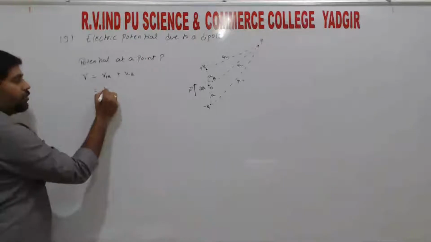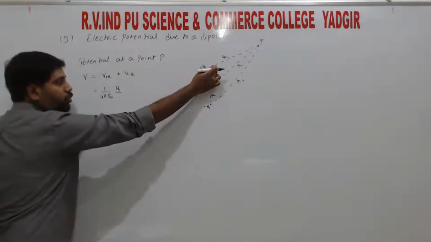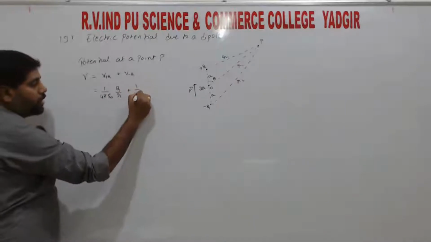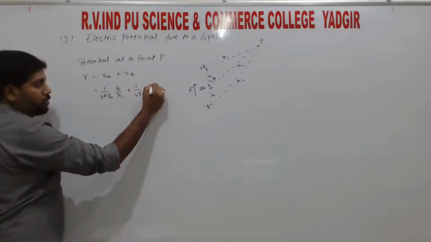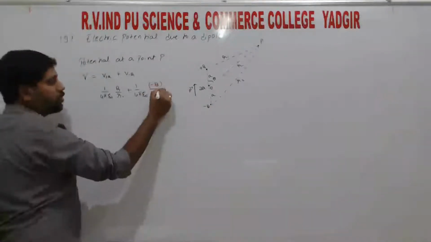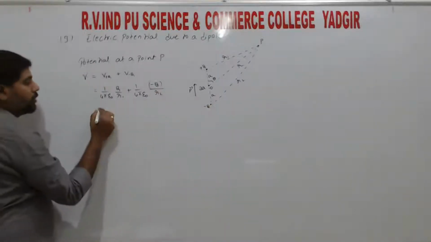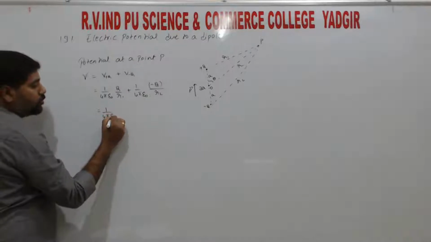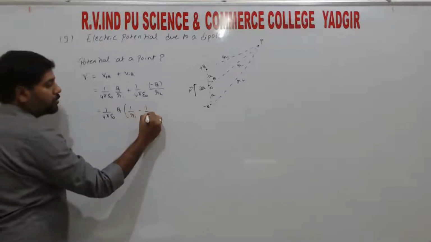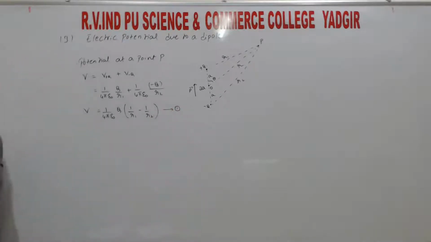We know the relation for the potential: 1 divided by 4 pi epsilon naught, q divided by r1, the distance from plus q, plus 1 by 4 pi epsilon naught, minus q divided by r2, the potential due to the minus q charge. In these two terms we can take 1 by 4 pi epsilon naught q as common, so the remaining is 1 by r1 minus 1 by r2. Calling this the first relation, right?